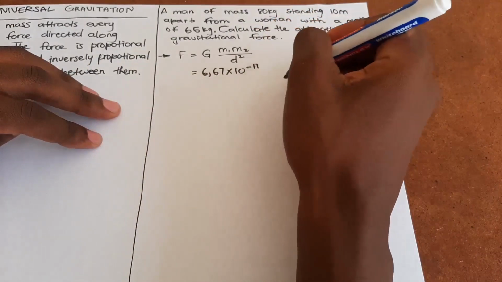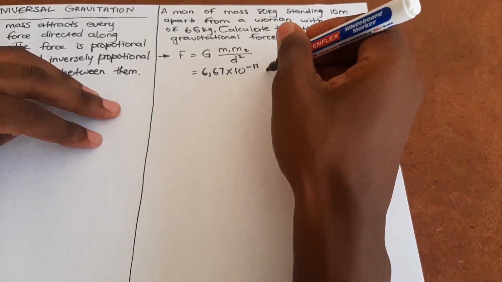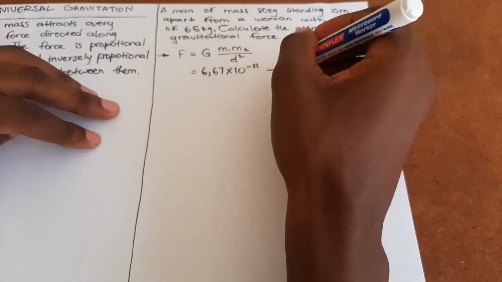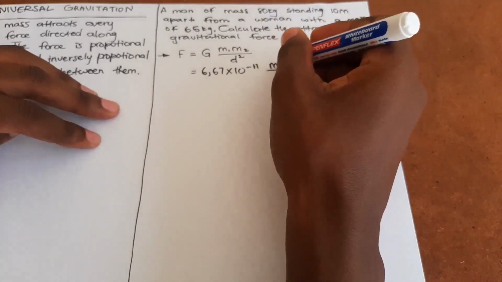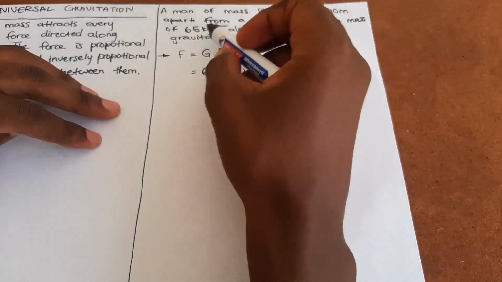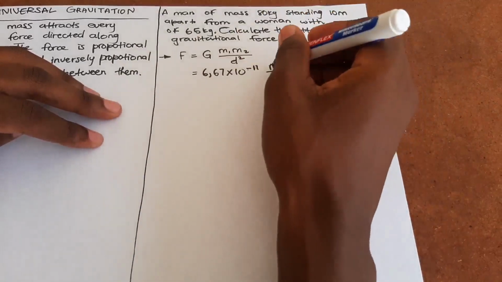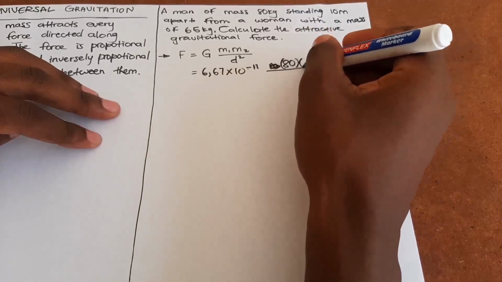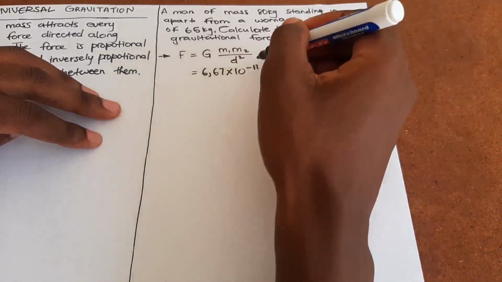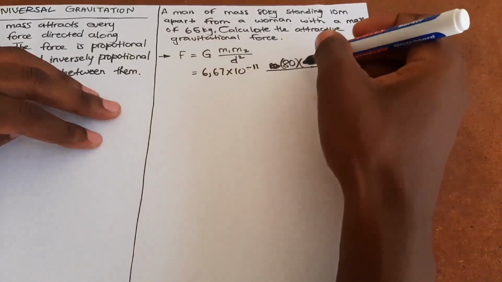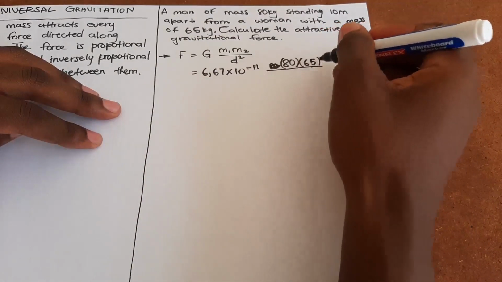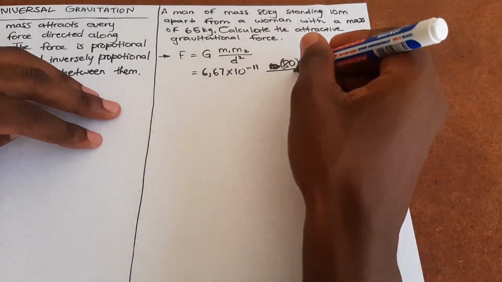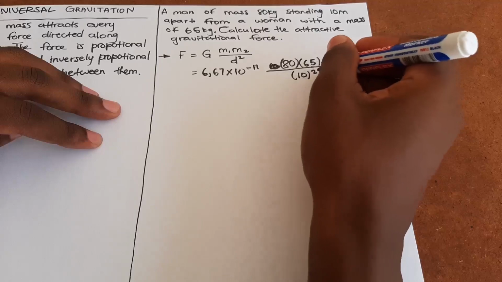You can put a big bracket if you want, just to show this is multiplying with this. The mass of the man is 80 kg, multiplied by the second mass of the woman, which is 65 kg, over the distance squared. The distance between them was 10 meters, so it's 10 to the power of 2.